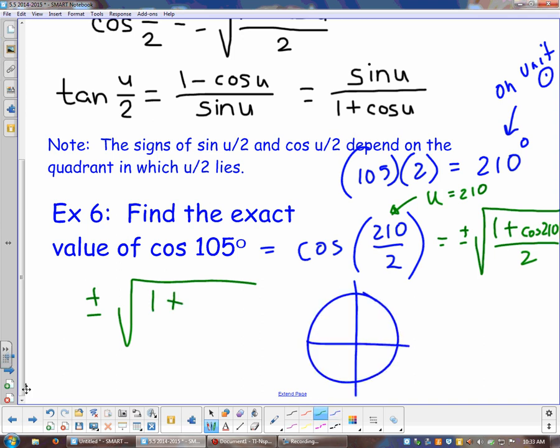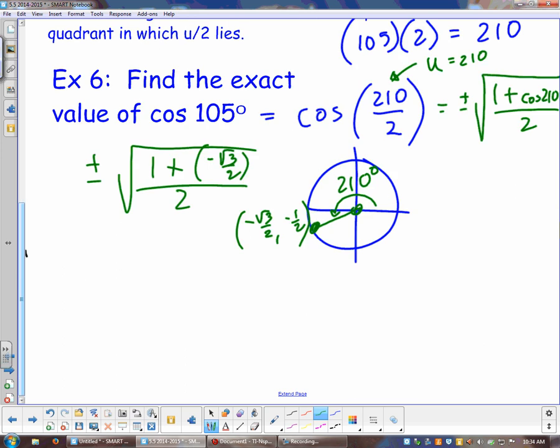All right, and so cleaning this up a little bit, I can get a common denominator. I can write 1 as 2 over 2. And I've got a plus and negative, so I'm going to write it as minus square root of 3 over 2, all over 2. How we doing? Okay? And then I can write this as plus or minus square root of 2 minus square root of 3 over 2, and this is over 2 over 1. Does that look okay? And then I can rewrite this as plus or minus square root of 2 minus square root of 3 over 2 times the reciprocal of that denominator.